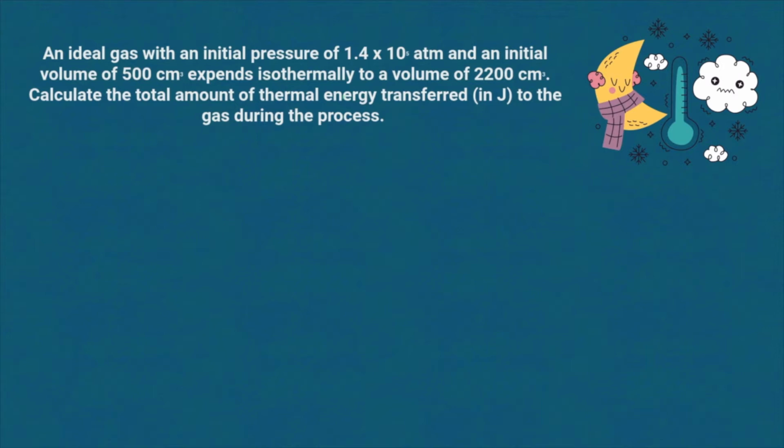So W is equivalent to the initial pressure. The initial pressure here is 1.4 times 10 to the power of 5, and the initial volume is 500 centimeter cube. So 500 centimeter cube divided by 1000, because you want to convert it to liter.